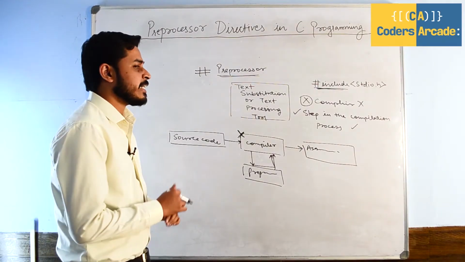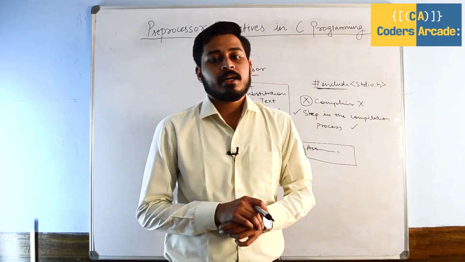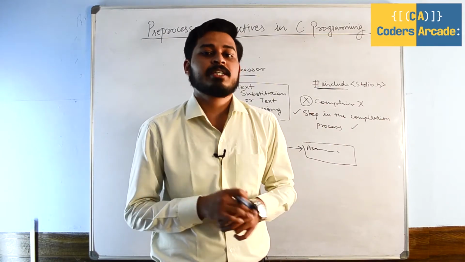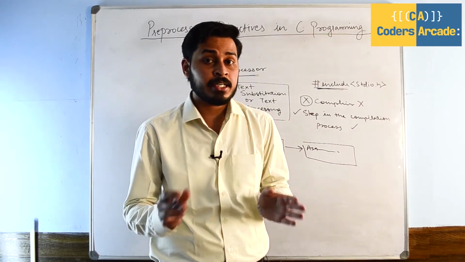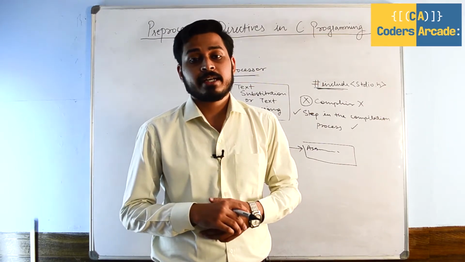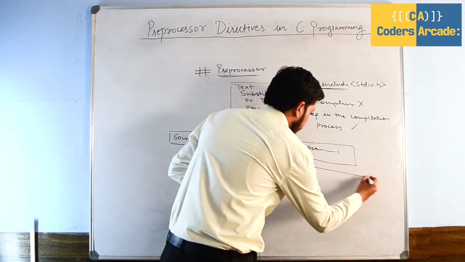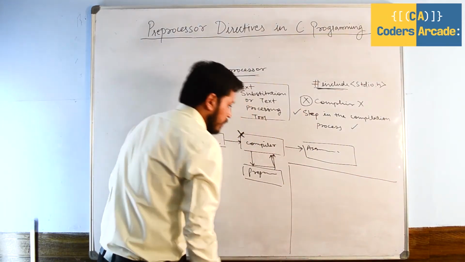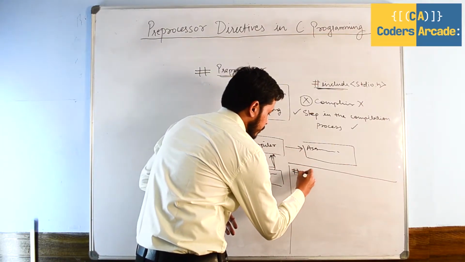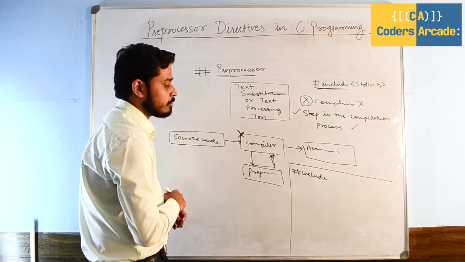Now let us see the different types of preprocessor directives. There are about 11 or 12 important preprocessor directives that you will come across many times. Let me write them as examples. We have #include, the most used one, which everyone knows.